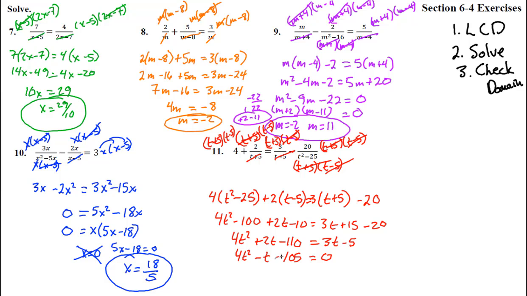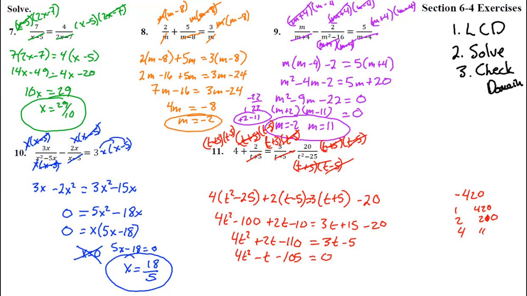So let's factor this. Let me see. 4t times 105, that's negative 420. So that is 1 and 420, 2 and 210. 3, 4.